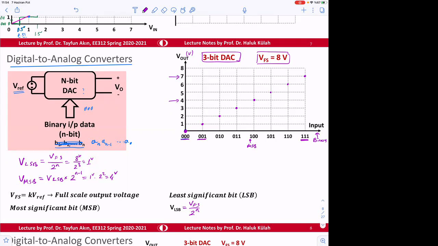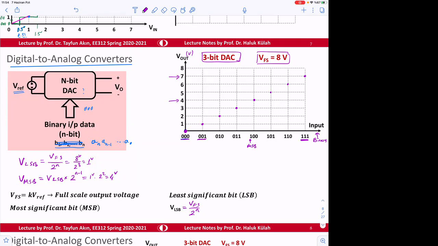Okay, so as your friend pointed out, if we are going to represent the voltage from 0 to 8 volts like this, then 3 bits will not be enough, but that's what we do, and it creates a problem. I mean, it creates an error.